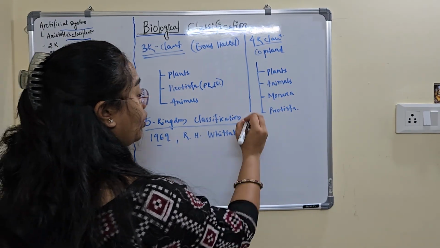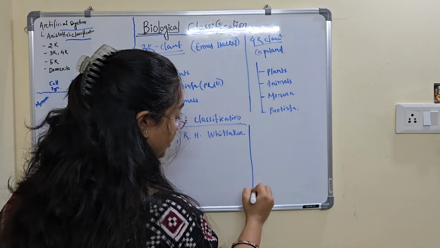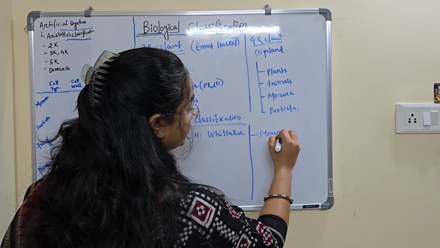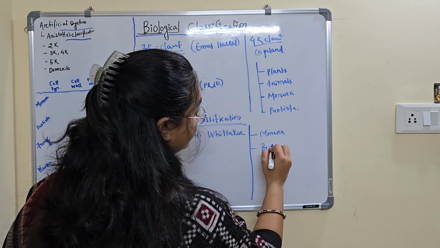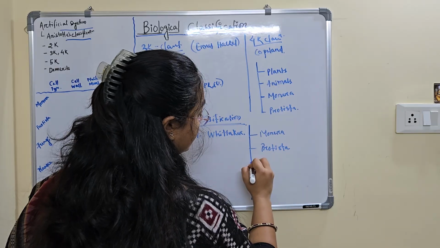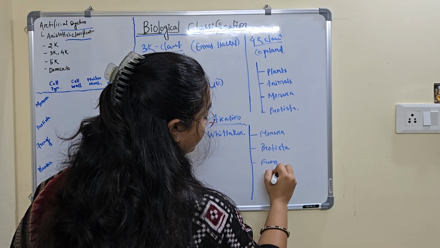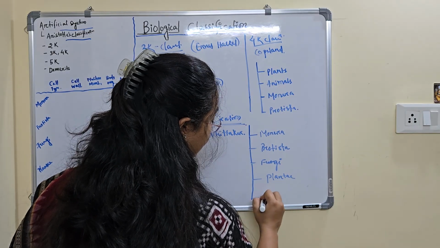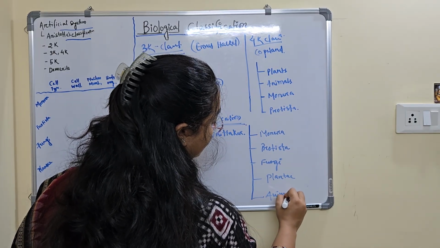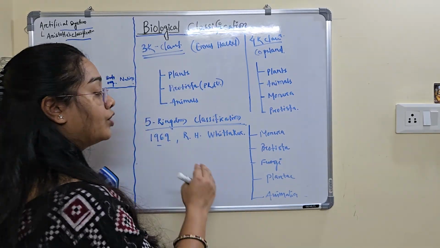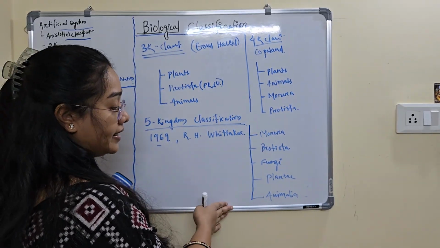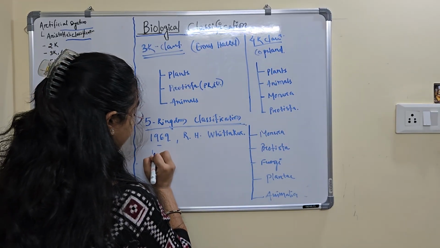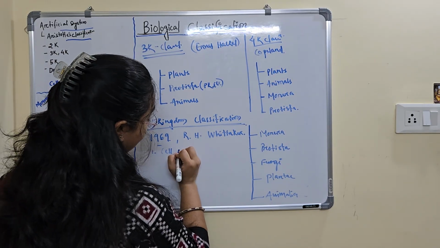He classified all the living organisms into five groups, that is kingdom Monera, kingdom Protista, kingdom Fungi, kingdom Plantae and kingdom Animalia.